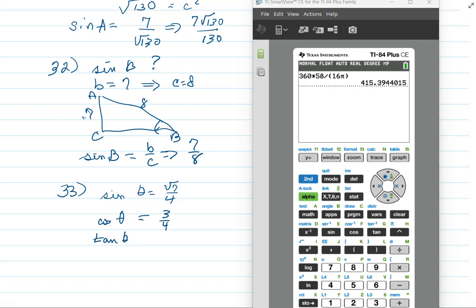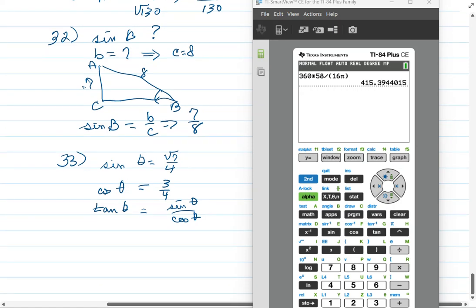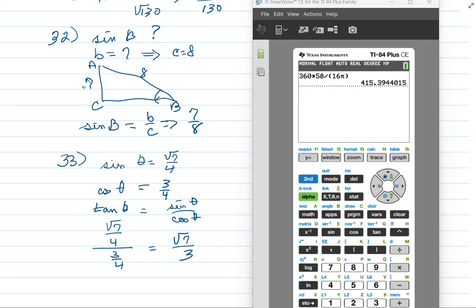So tan of theta is sine of theta over cosine of theta. So we're going to enter the square root of 7 over 4 over 3 over 4, which gives us, when we do the flip, square root of 7 over 3. And I'm thinking that's the answer.